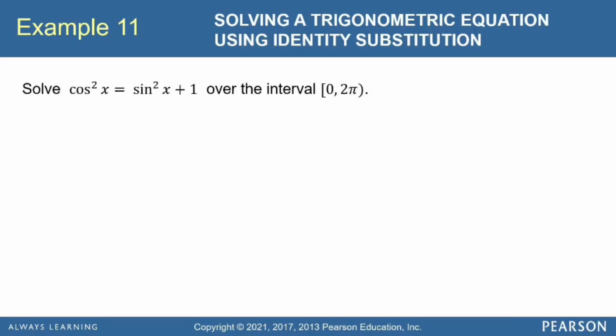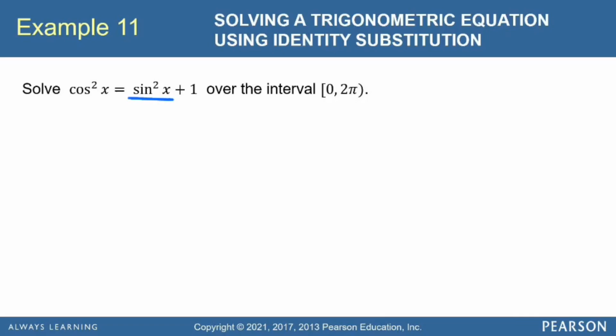Now, the first thing that comes to mind for me is that these terms are both squared trig functions. And so that makes me think of the Pythagorean identities. And so one thing we could do is focus on using our Pythagorean identity that says sine squared x plus cosine squared x equals 1 to eliminate this sine squared x.